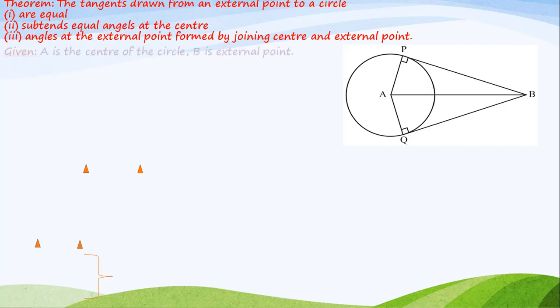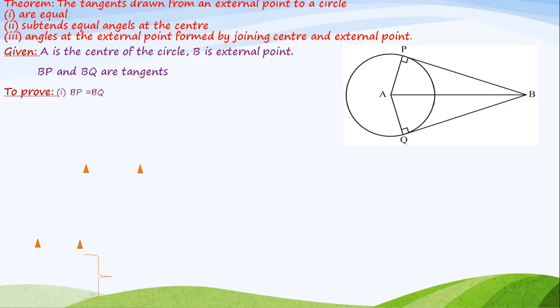The data is the same: A is the center of the circle, B is an external point, and BP and BQ are the tangents. We have to prove first that BP is equal to BQ, meaning the tangents are equal. Second, the angles subtended at the center, meaning angle PAB is equal to angle QAB.